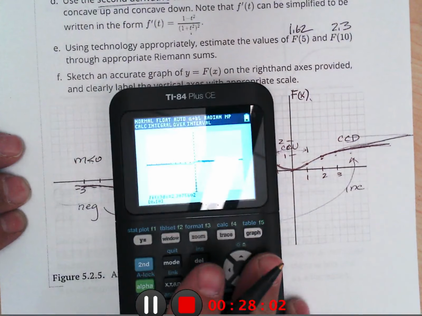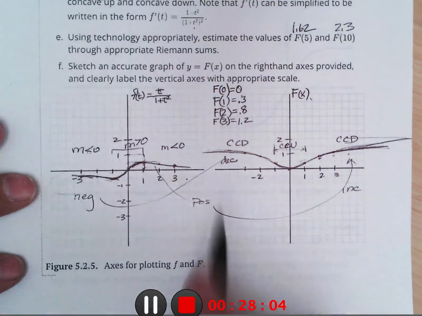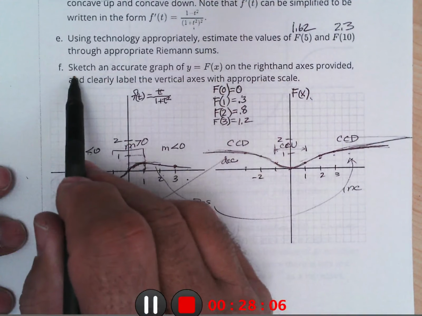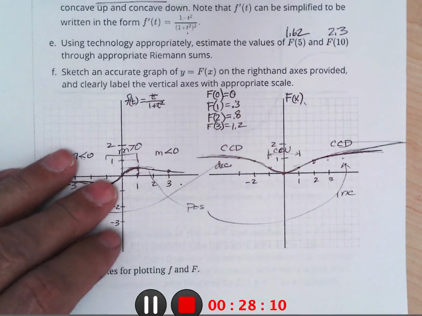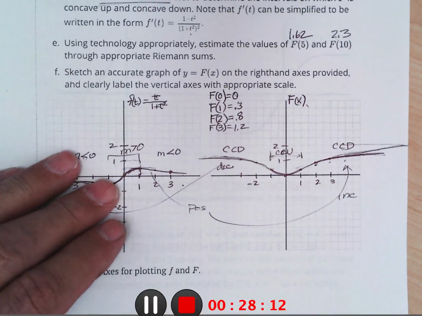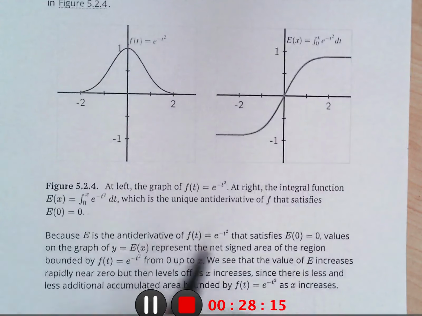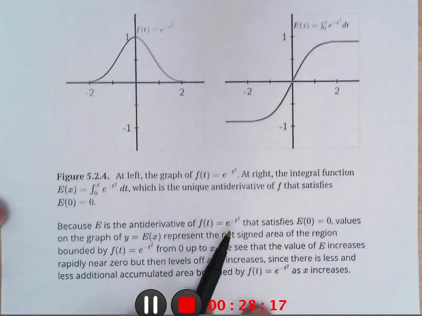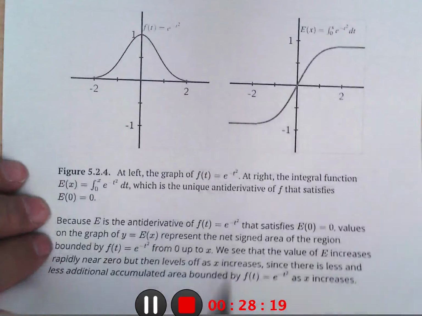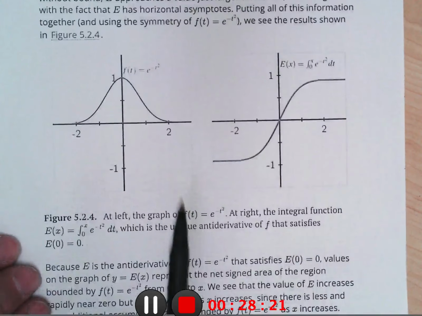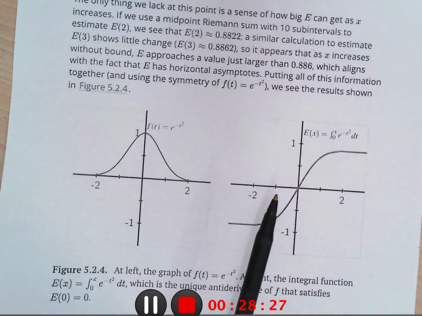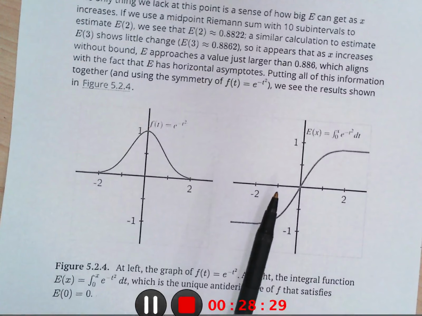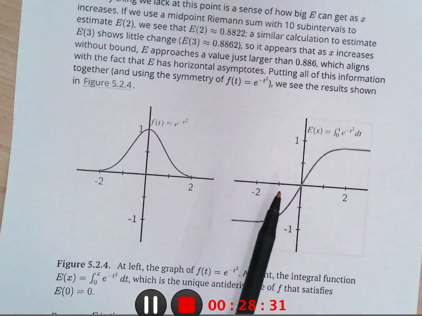Okay. And then sketch the graphs. And we did that. All right. Let's see, we did. So, this is the rest of the example that we had just a little bit ago that I did earlier.